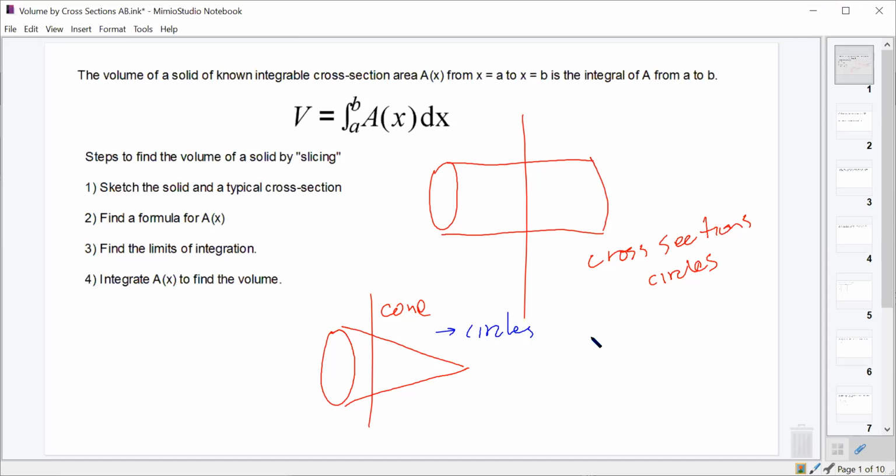What if I had, I don't know, suppose we have this triangular prism and I were to slice it and open it up, I should be getting triangles.